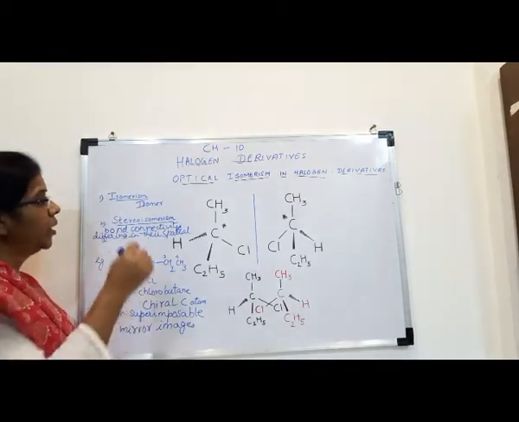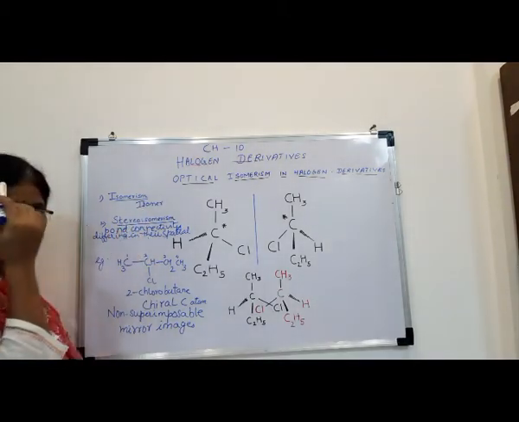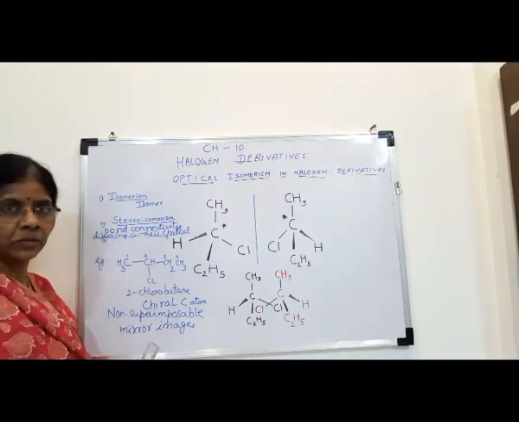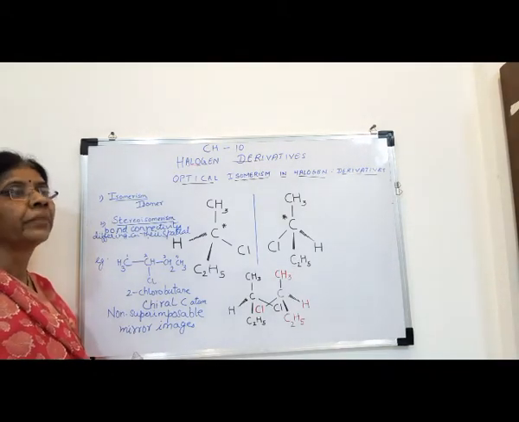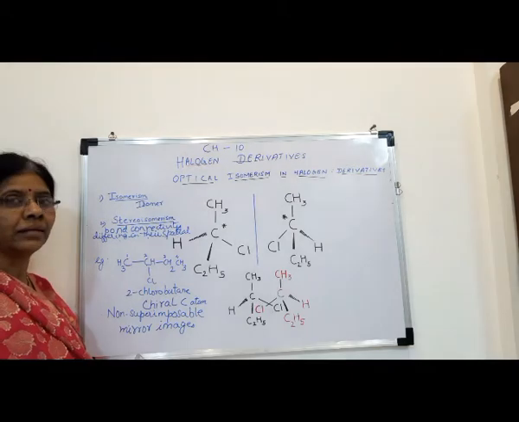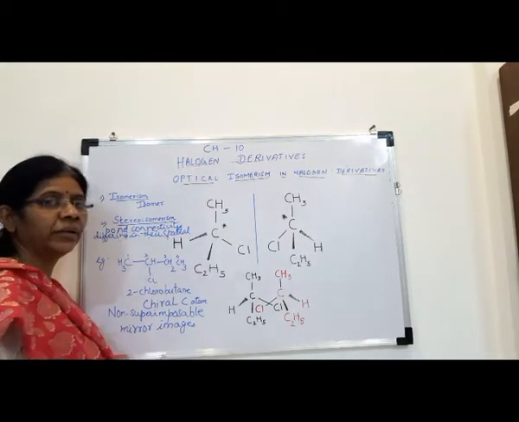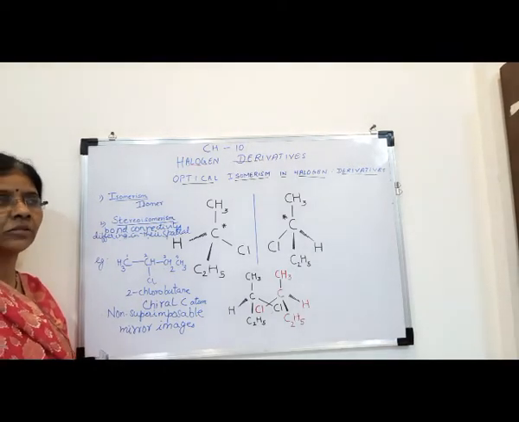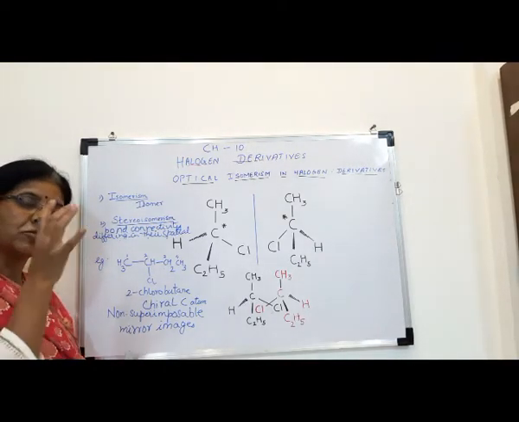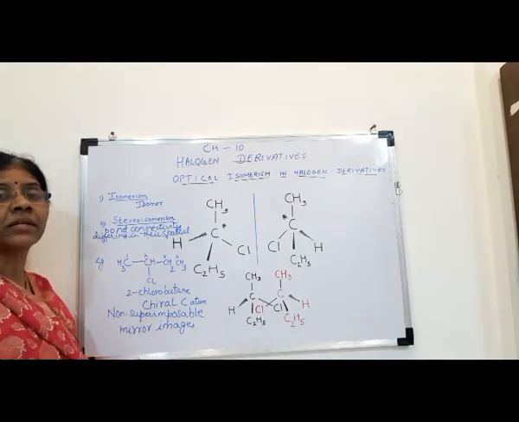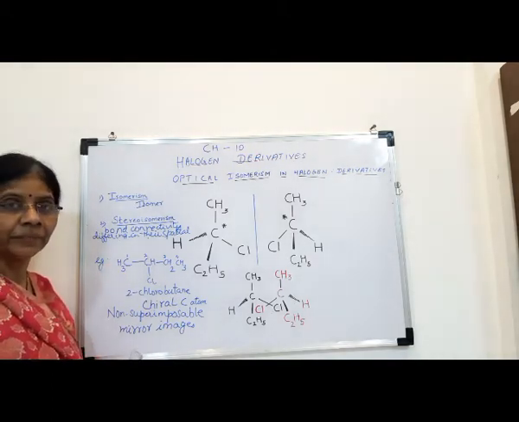Okay. Now the next thing that we have to learn is stereoisomerism. In the higher classes, when you go for graduation level, you have isomerism in detail and the types of isomerism also in detail.